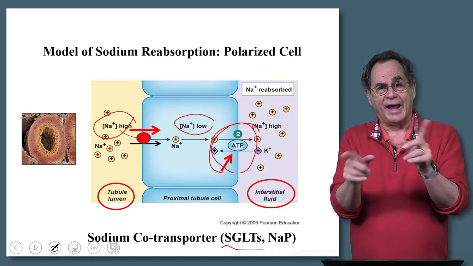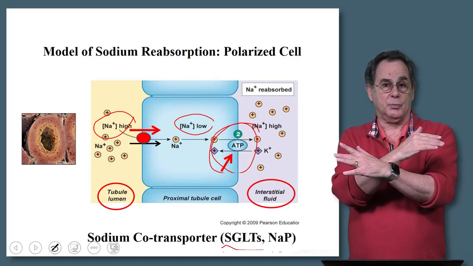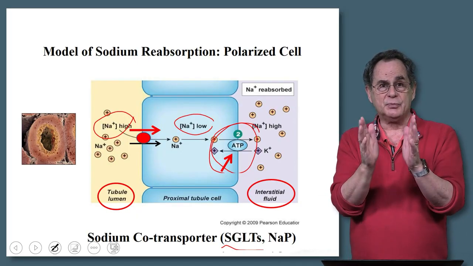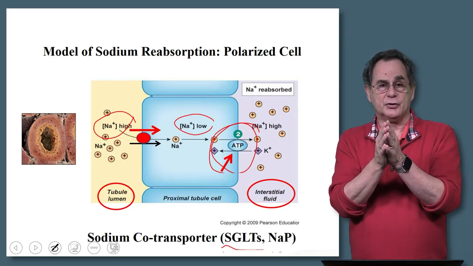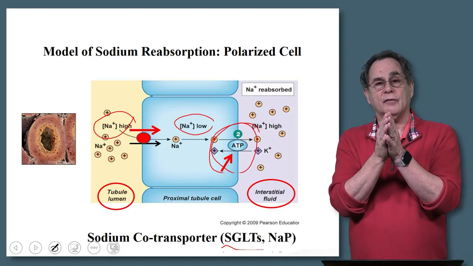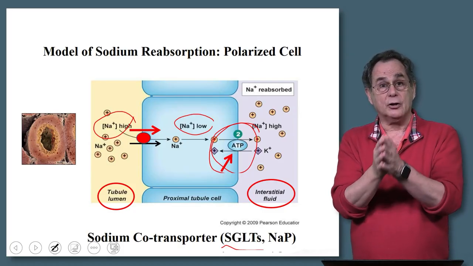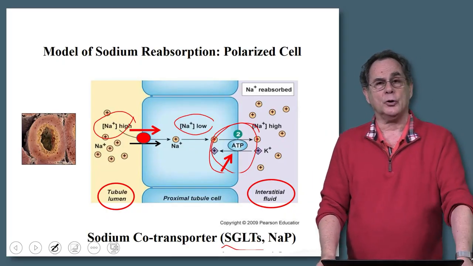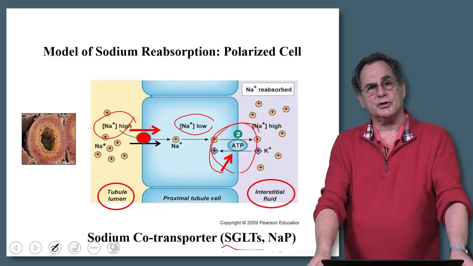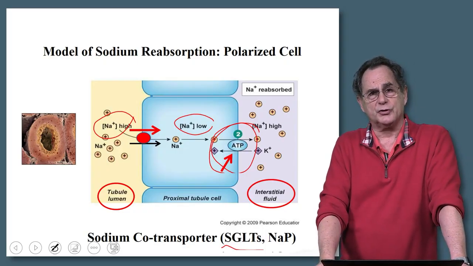So unlike the antiporters, which exchanged positively charged solutes, in this particular case, the positively charged sodium is associated with the transport of another small solute: glucose, phosphate, amino acids. There's a whole family of transporters in the luminal membrane to reclaim constituents of the ultrafiltrate that the kidney doesn't want to excrete.